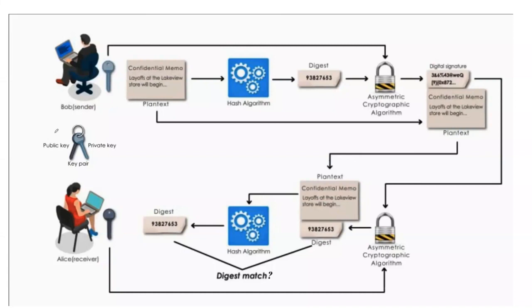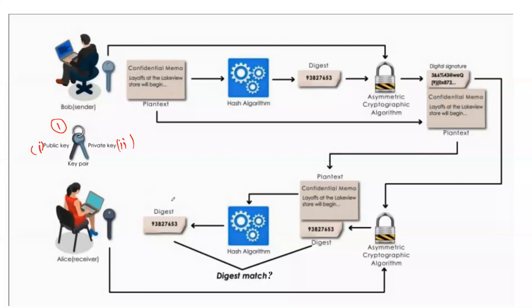The first step is that Bob has to generate the keys using the RSA algorithm, Rivest, Shamir and Adleman. It generates two keys: one is the public key, another one is the private key.